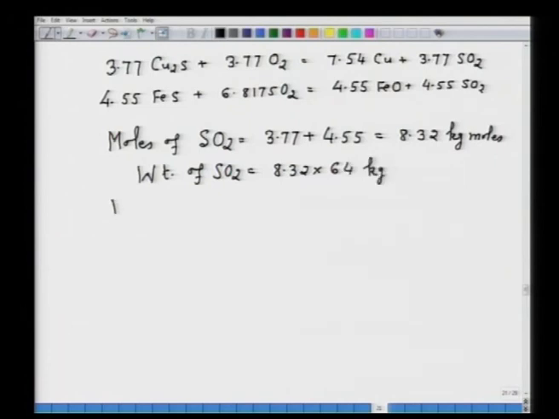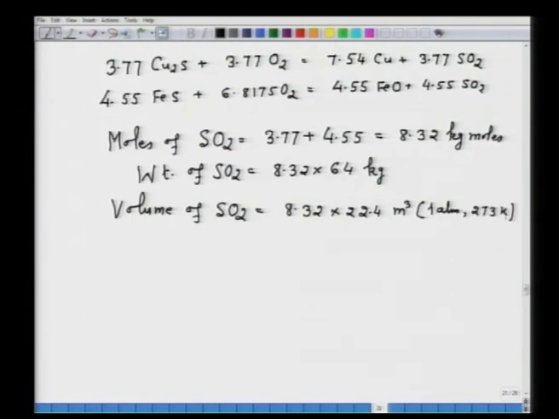You can also calculate volume of SO2. Volume of SO2, that will be equal to 8.32 into 22.4, that will be meter cube, expressed at 1 atmospheric pressure and 273 Kelvin. So, what I want to say from here is that you can get so many information.